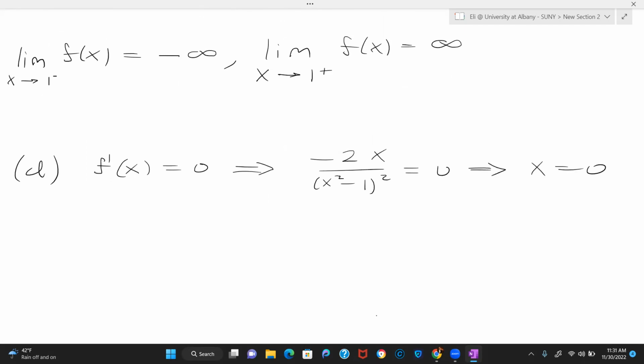So that's one critical point. But notice that the derivative is not defined at plus or minus 1. However, those are not going to be critical points because critical points have to be in the domain of the original function, the first function you start with. So this is the only critical point.